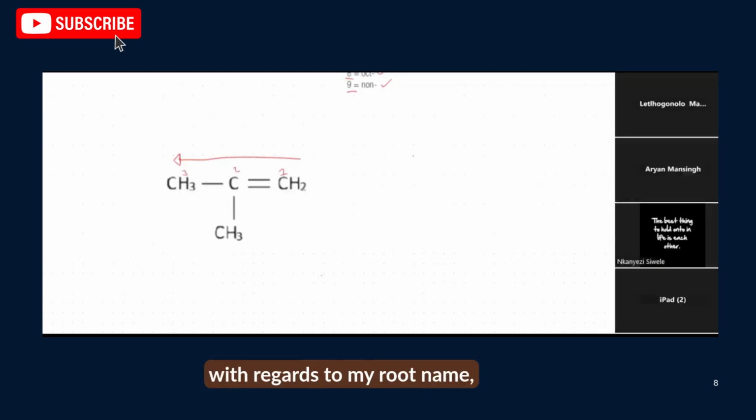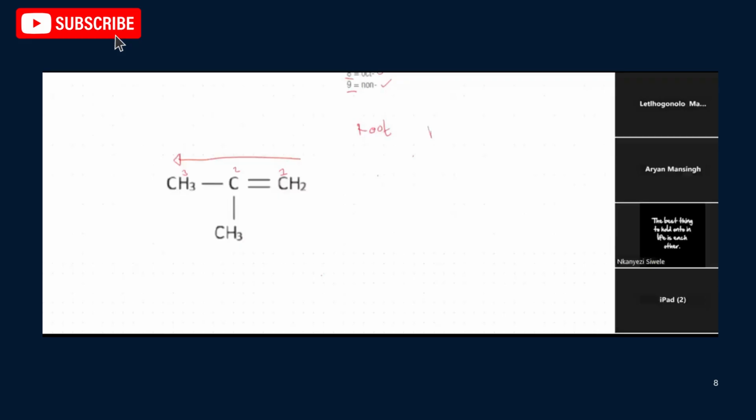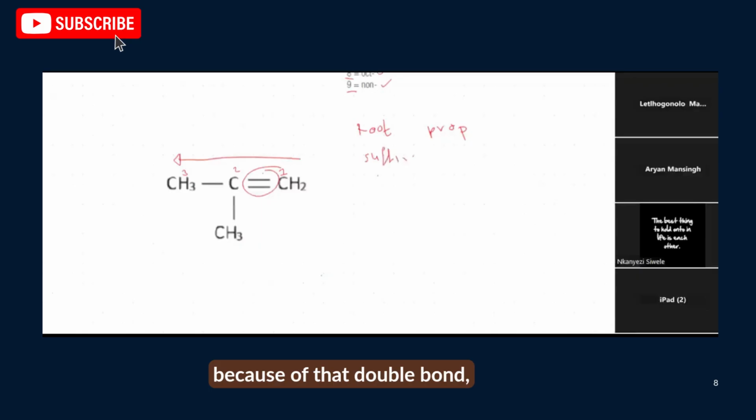So clearly, with regards to my root name, because there's 3 carbons, it is a prop. And with regards to my suffix, because of that double bond, it is an ene.